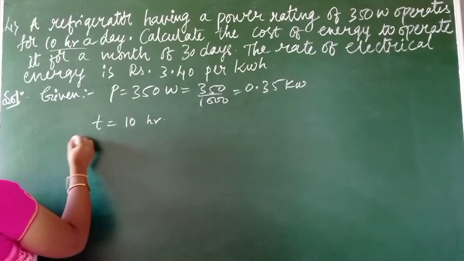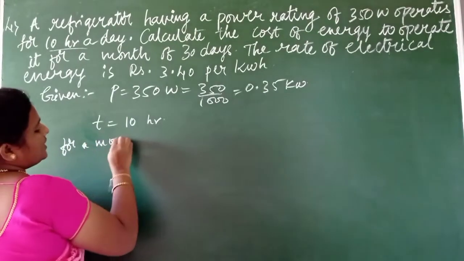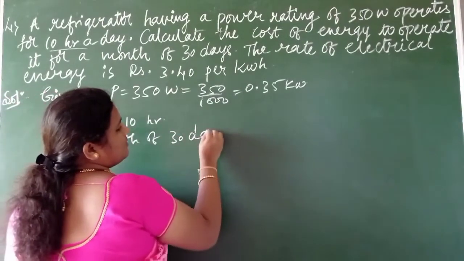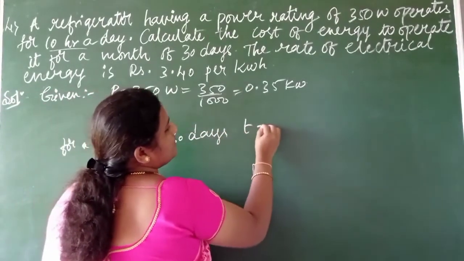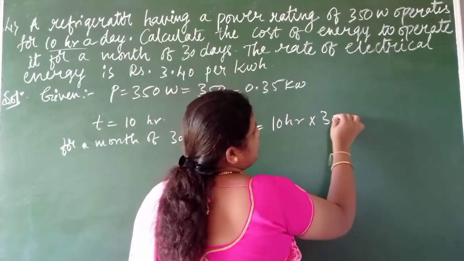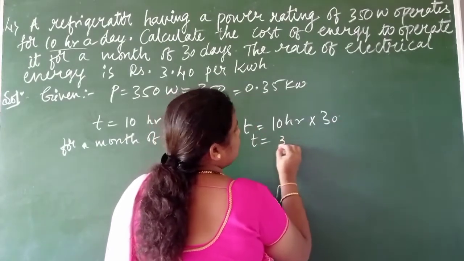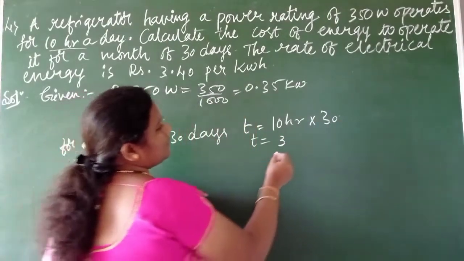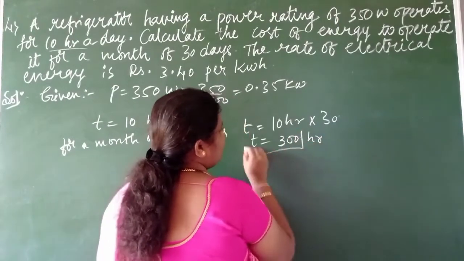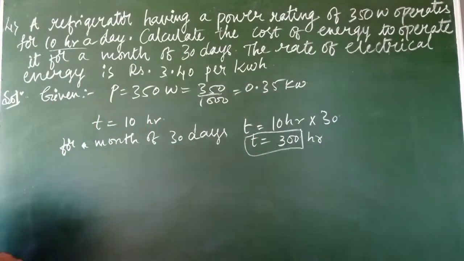So for a month of 30 days, T equals 10 hours into 30 days, isn't it? Which is equal to 300 hours. That means in a month it works this many hours.